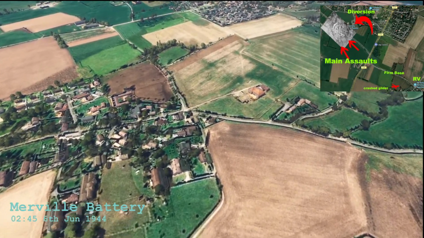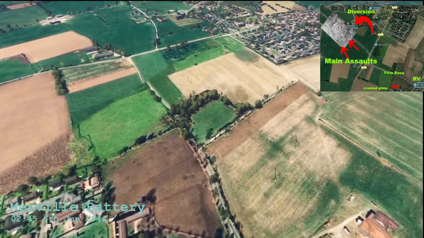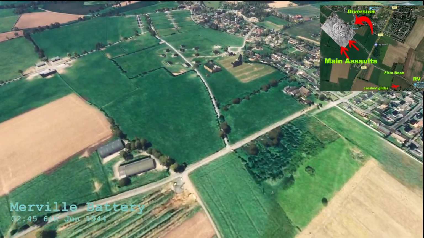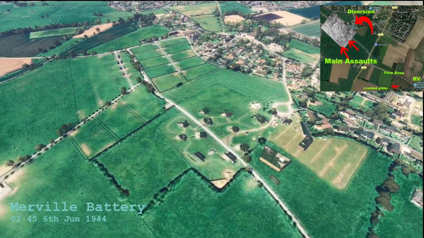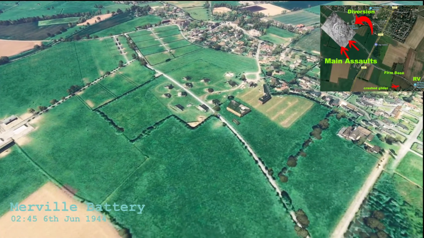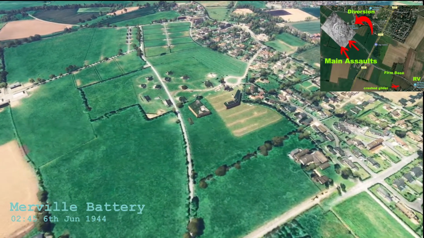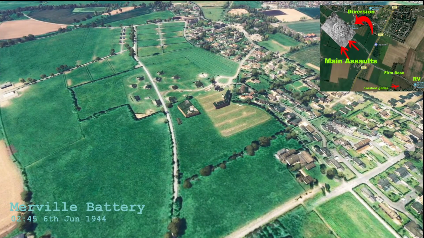And he decides that he can't go for his original plan, which was for 4 breaches into the wire surrounding the battery, and that he could only go for 2. He didn't have the numbers that he wanted. He wanted at least 100 men per section, so he could only really do 2.